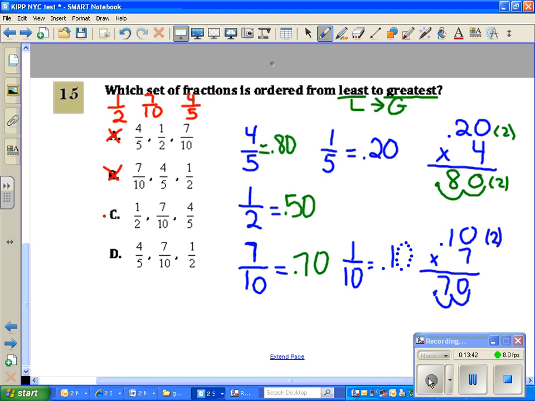Let me see. Choice C starts with 1/2, and then it goes to 7/10, and then it goes to 4/5. Looks like this one is my answer, but let me check choice D. When I look at choice D, it actually has them in the opposite order. This is going from greatest to least. I want them from least to greatest, so it looks like my answer is choice C because these match.